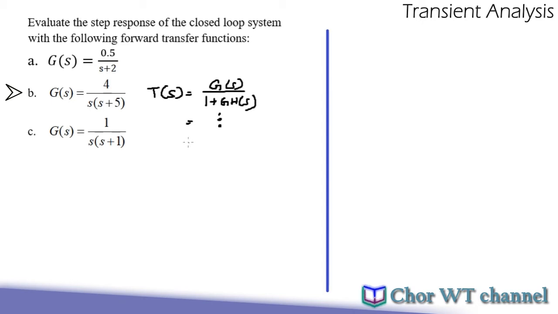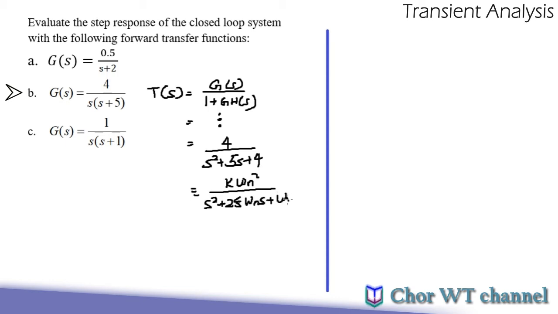For the brevity of this video, the final outcome will be s squared plus 5s plus 4, which we can cast into our standard format, k omega n squared divided by s squared plus 2 zeta omega n s plus omega n squared. So from here, by comparing the coefficients of this term and 5, we can get the zeta value to be larger than 1.